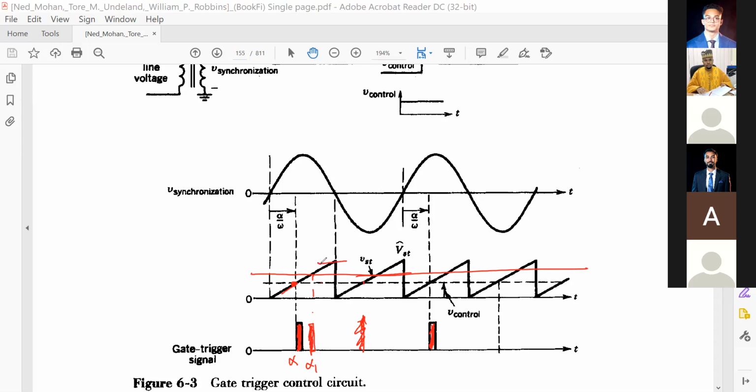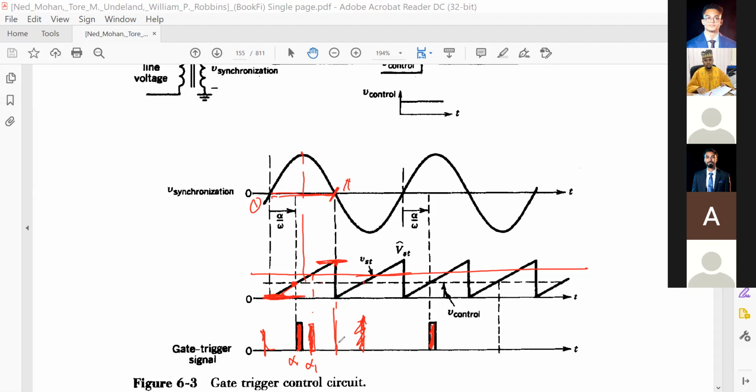And if you go to the peak value of your sawtooth, then what will be the value of your alpha? Pi, sir. Pi. So you can vary this gate pulse from 0 to pi. If you are here, just touching, you will get the gate pulse here. If you are in the middle, your alpha will be 90 degrees. If you are at the peak, then your alpha will be pi, omega t equal to pi.